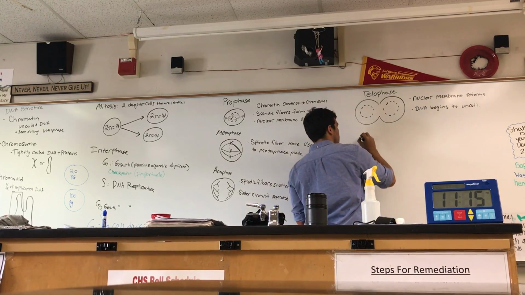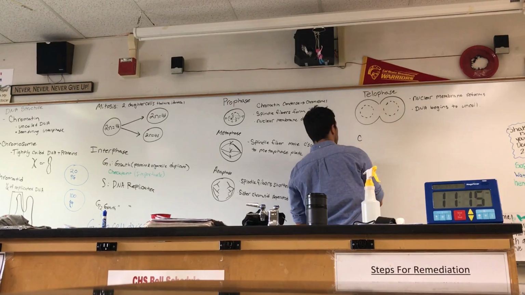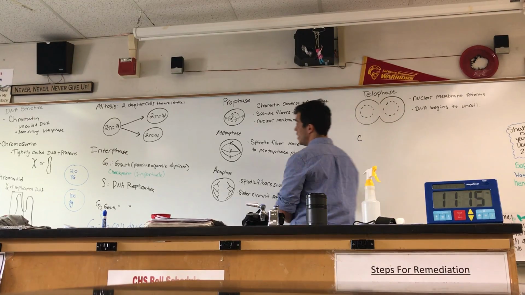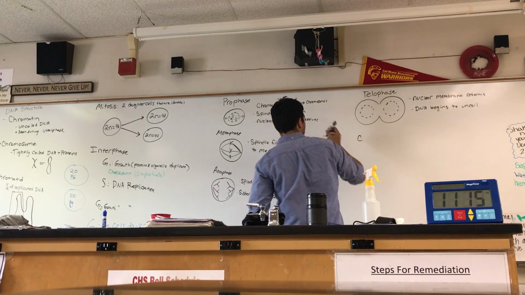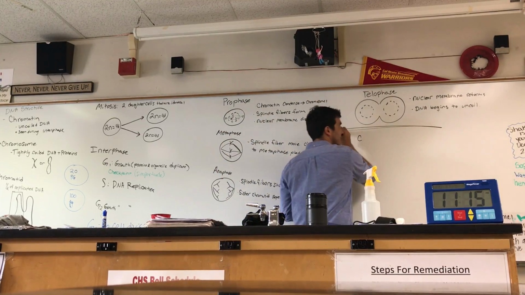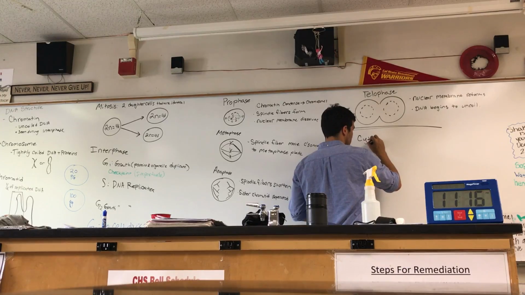And then finally, cytokinesis. So technically, if I were to look at it, this is not mitosis. Mitosis is prophase, metaphase, anaphase, telophase. And then that's the end of it. And then I go to cytokinesis.